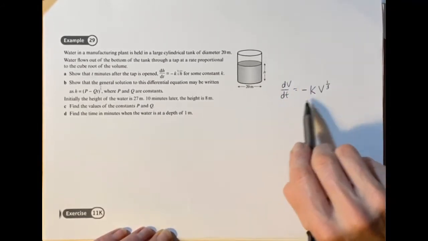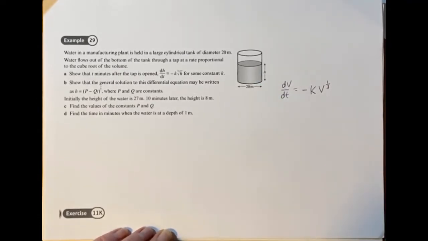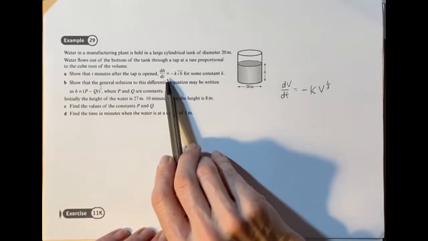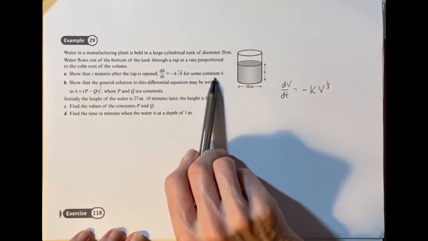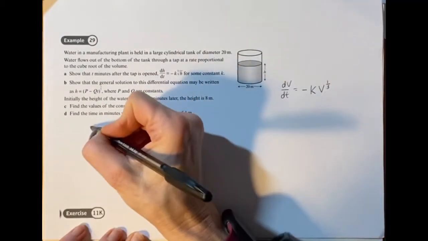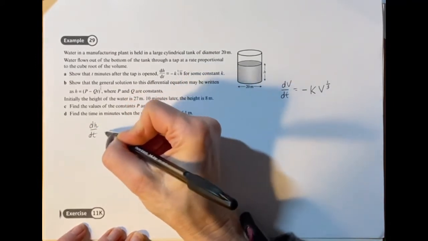So this is the rate of change of the volume, the amount of liquid inside the tank. Show that t minutes after the tap is open, dh/dt is equal to minus k cube root of h for some constant k. So for dh/dt, we need to write down the chain rule connecting that.